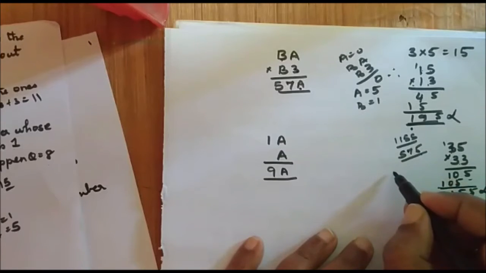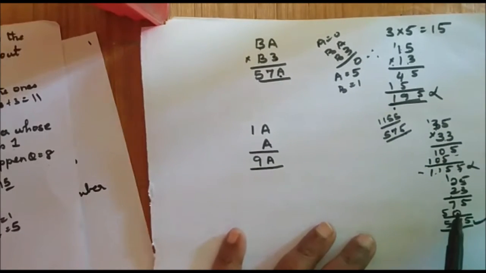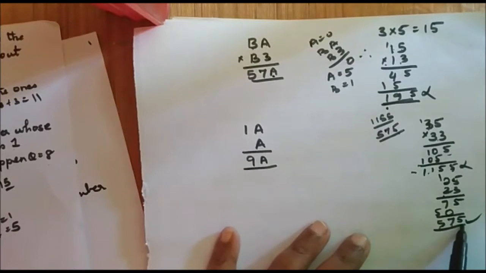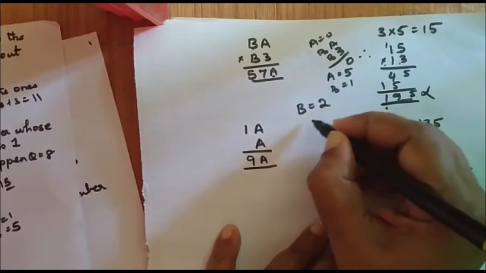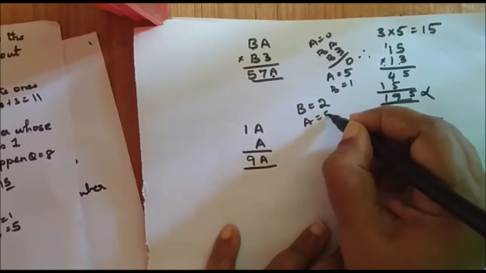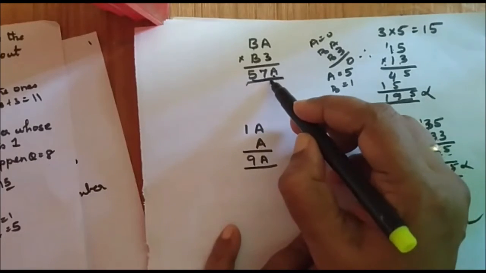So let us take the next one, that is 25 into 23. Here I get 575. So the correct answer is B equals 2 and A equals 5. Only then I will be able to solve this problem.